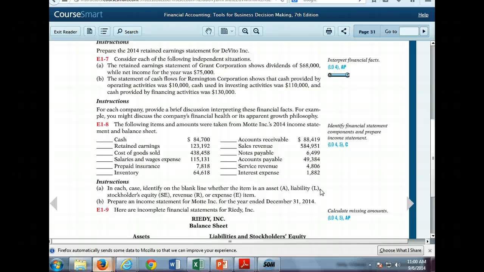And each one is specific as a revenue, an expense, an asset, a liability, or owner's equity. So do they go on the income statement, which is revenue and expenses? Or do they go on the balance sheet, which is the accounting equation, assets, liabilities, equity?